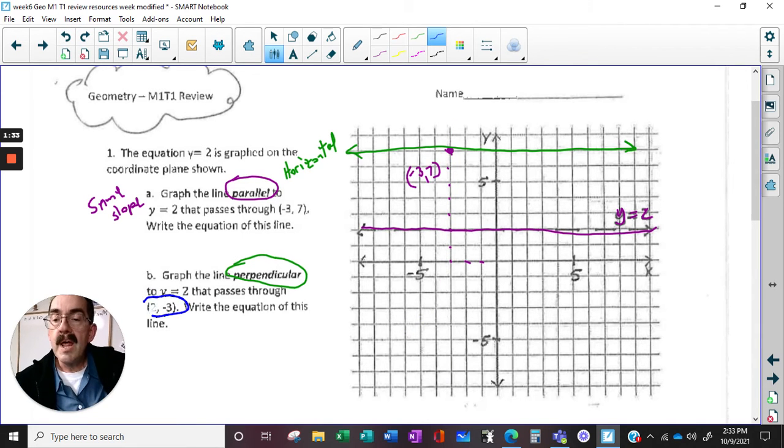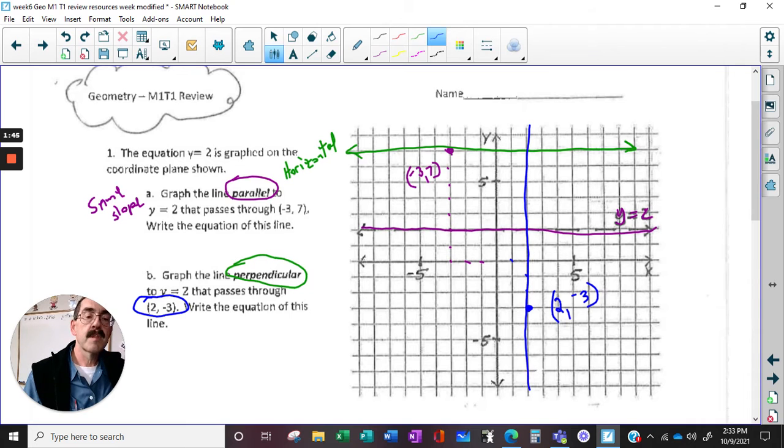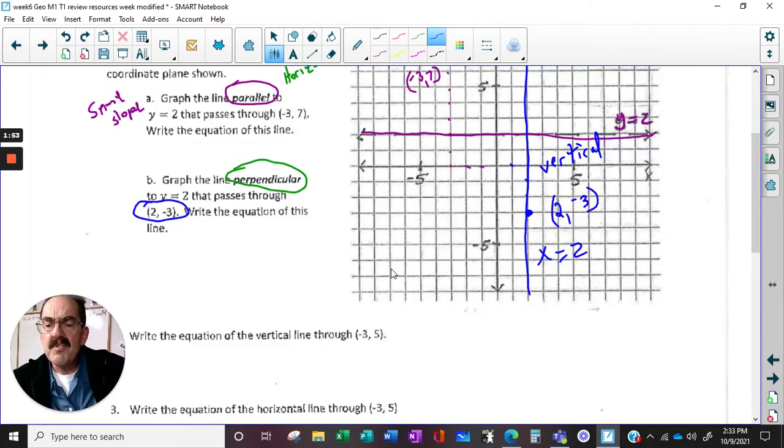Perpendicular, 2, -3. Vertical. There we go. So at x equals 2, here's the vertical. Okay? Alright. So let's move on.